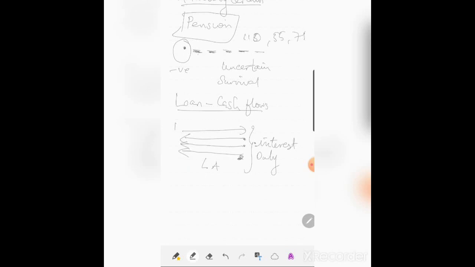The other normal kind of loan which we hear of is the EMI based loan, equated monthly installment based. The bank will make a loan, but at regular intervals an equal amount is paid, which will include some principal as well as some interest.